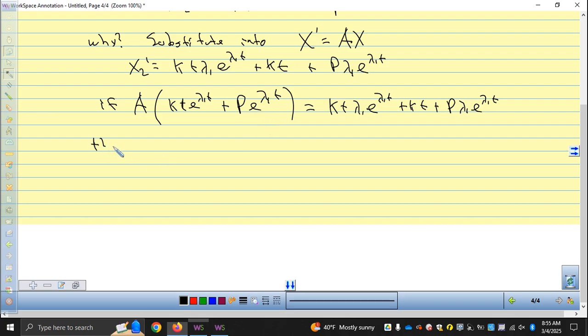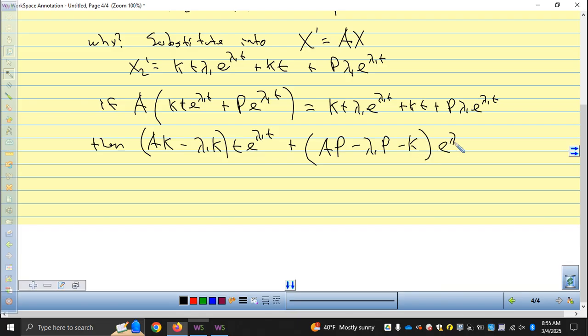So we get (Ak minus lambda 1 k) t e to the lambda 1t plus (Ap minus lambda 1 p minus k) e to the lambda 1t equals 0.